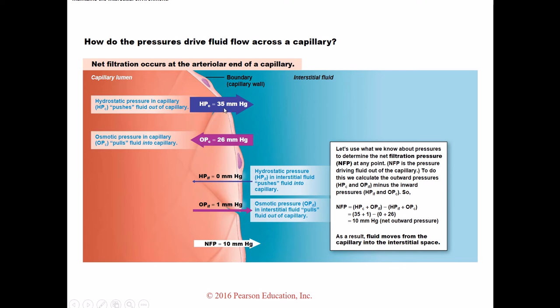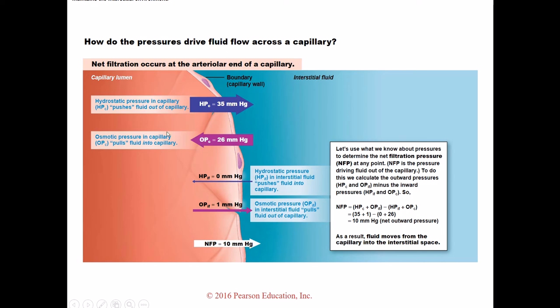So we sum up those two, HPC plus OPF. Then we have the osmotic pressure of the capillary, pulling fluid back in, and the hydrostatic pressure of the interstitial fluid, pushing fluid back in. Again, we sum those two up.